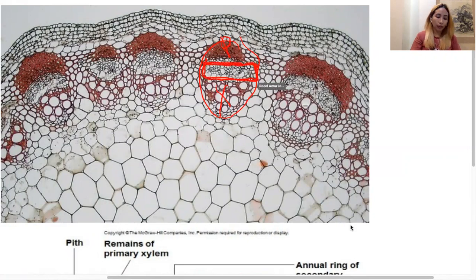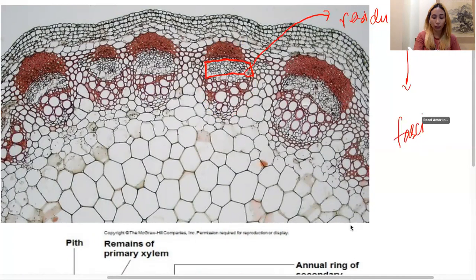Now, the area of the procambium, as it changes to become fascicular cambium, becomes a residual cambium first. Okay? Residual cambium. And then residual cambium will basically give rise to the fascicular cambium. So the fascicular cambium will also be found in the same area. But it only becomes fascicular cambium if the plant is starting to undergo secondary growth.